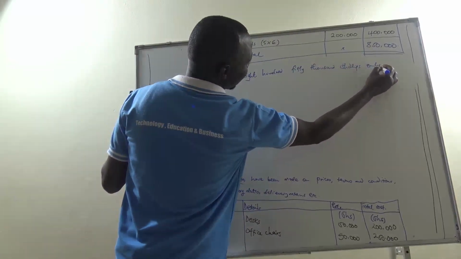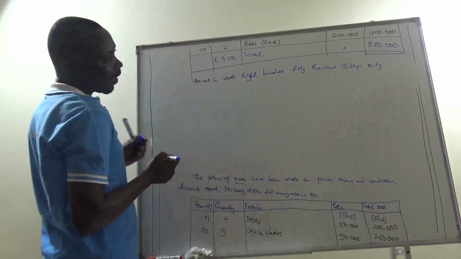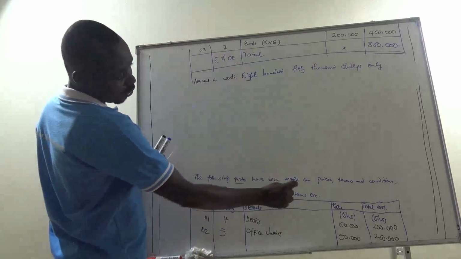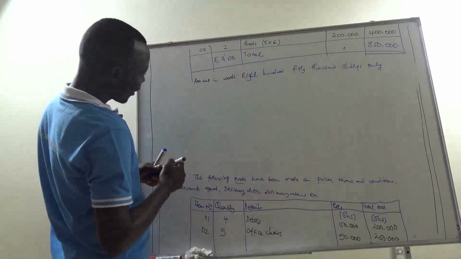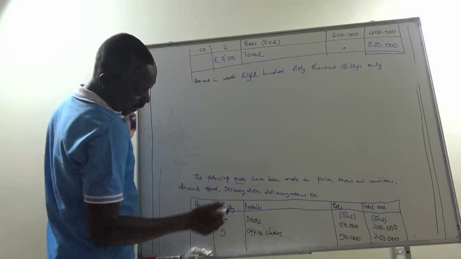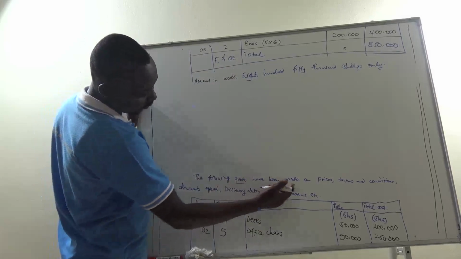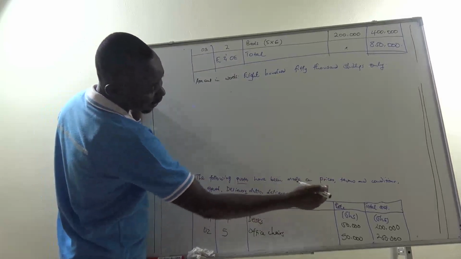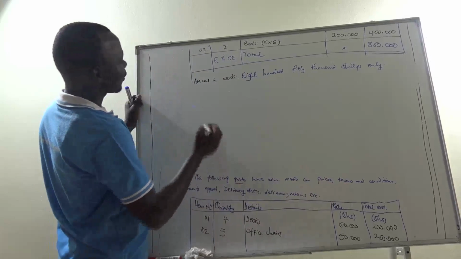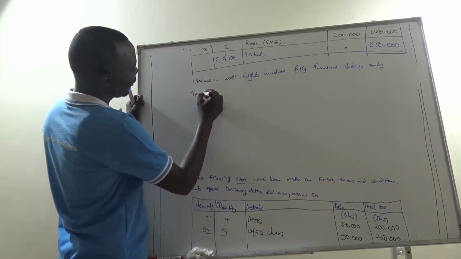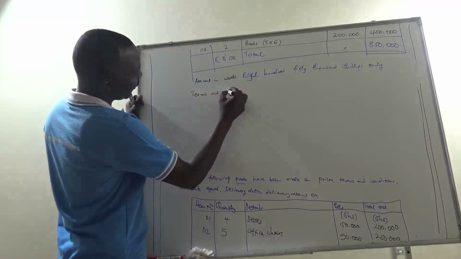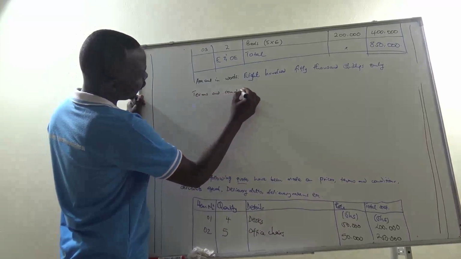Then, after having that, there are other questions we haven't answered. You come down and answer these questions. One of them was prices, we have done it. Terms and conditions.